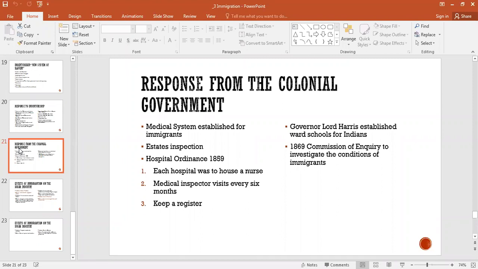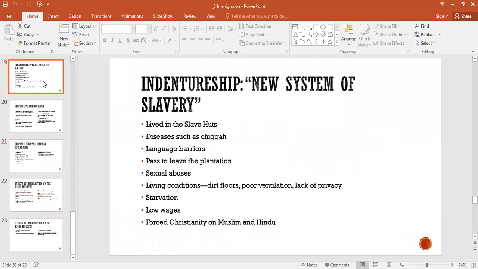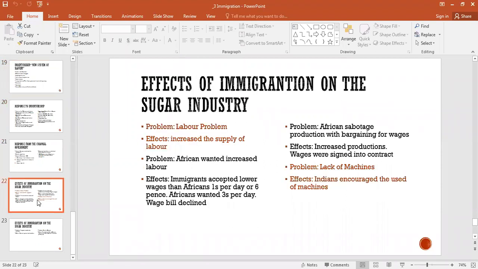So this is how the British government is going to respond.